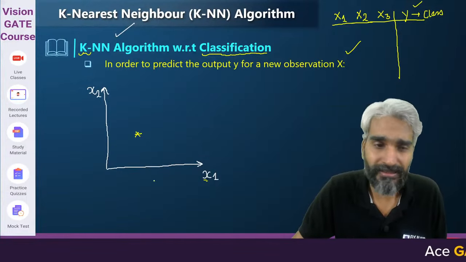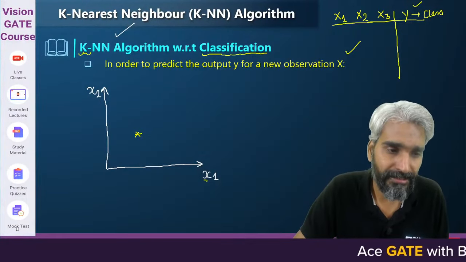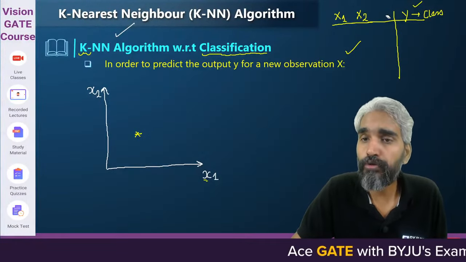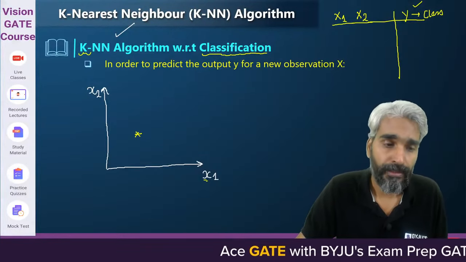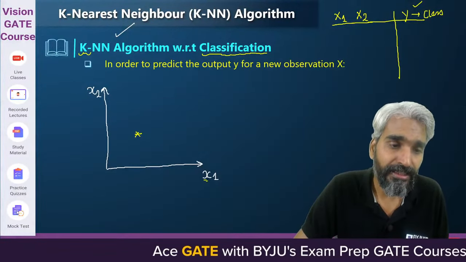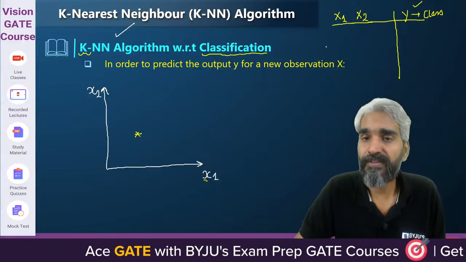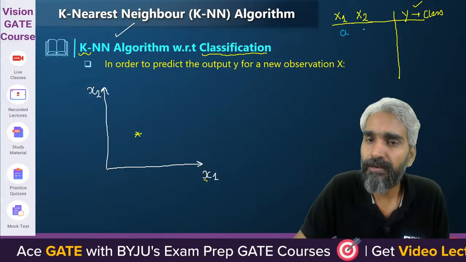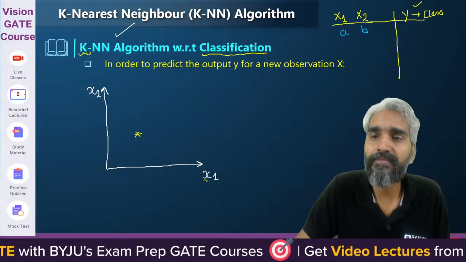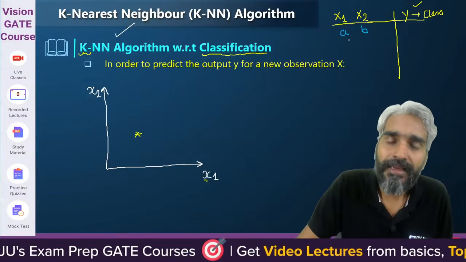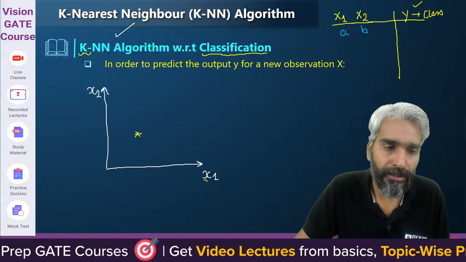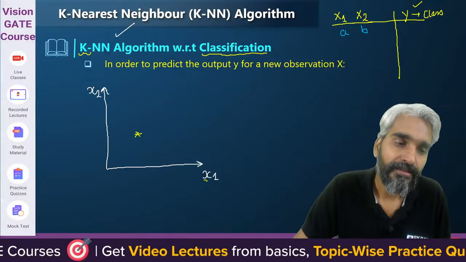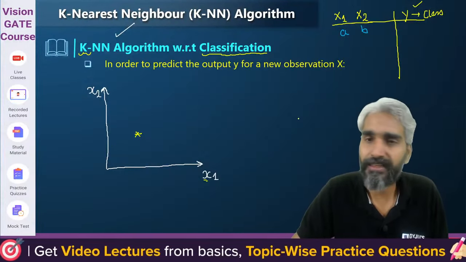Let me try to summarize this with respect to two variables. Let's assume that if the value of x1 is some value a and the value of x2 is some value b, then the input will belong to the yellow color class. Just the classification can be anything.